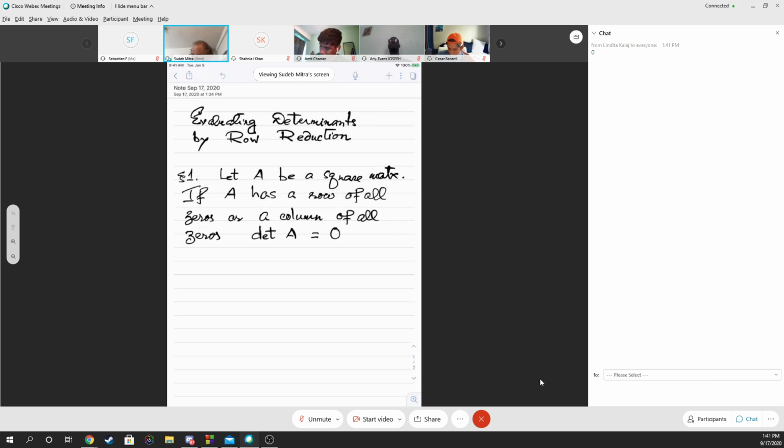And the second thing we discussed last time: let A be a square matrix, then the determinant of A is the determinant of A transpose.